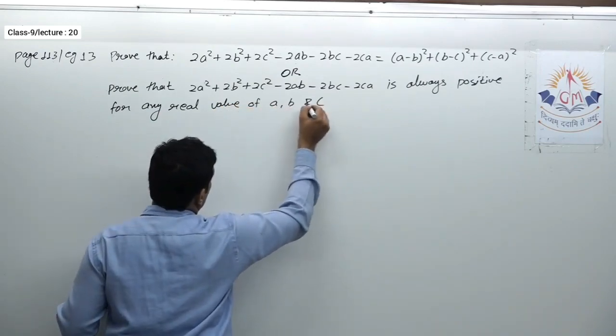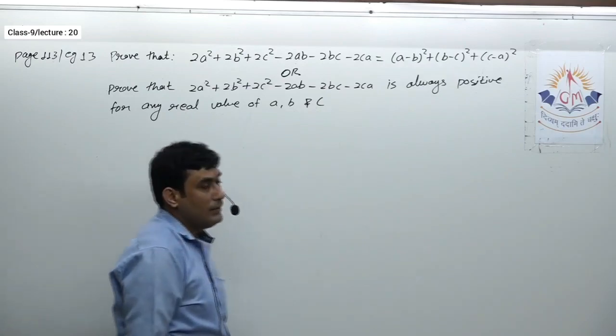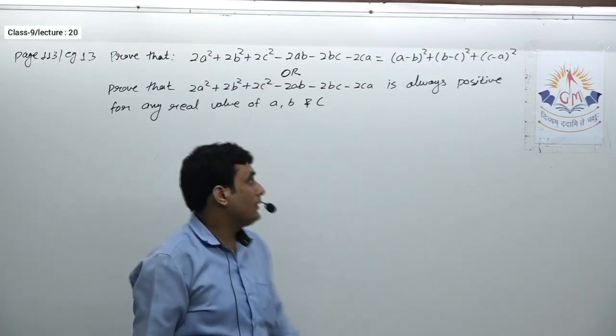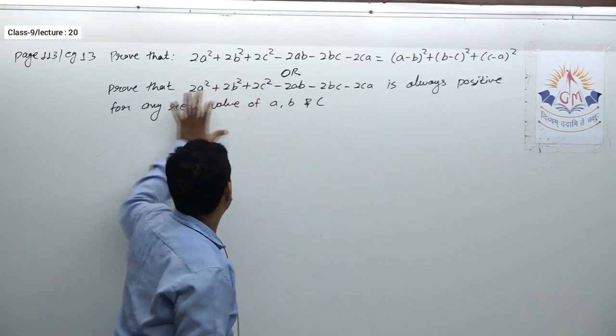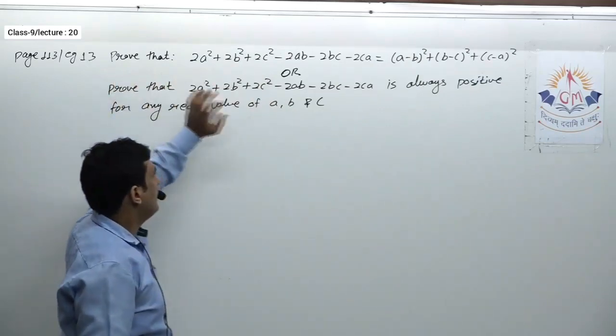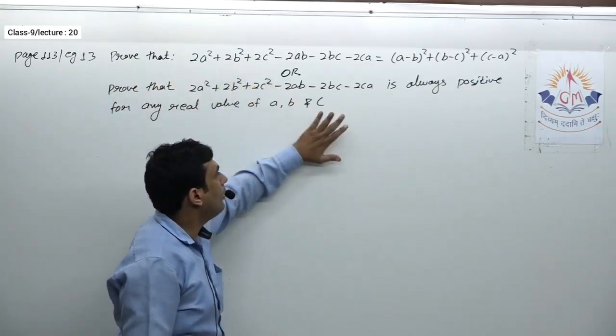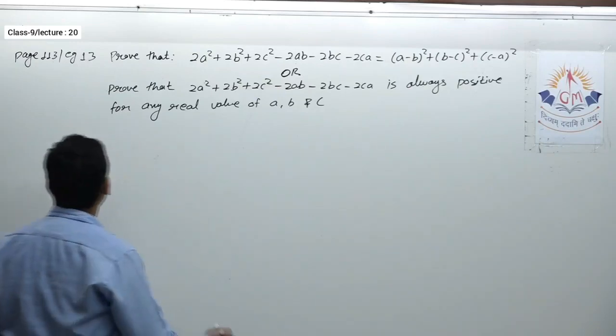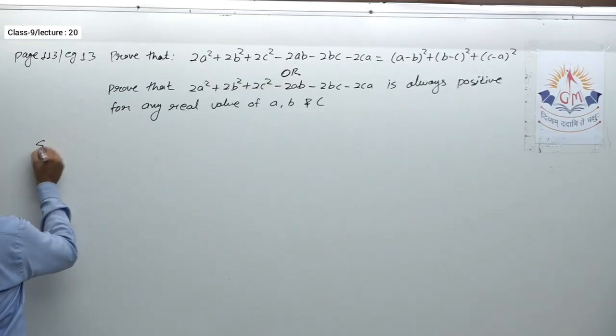The same question is that, so first this question is given in your book and this I am taking by my own. Both have the same meaning. We have to prove this or we have to prove this. So let us see how to start.